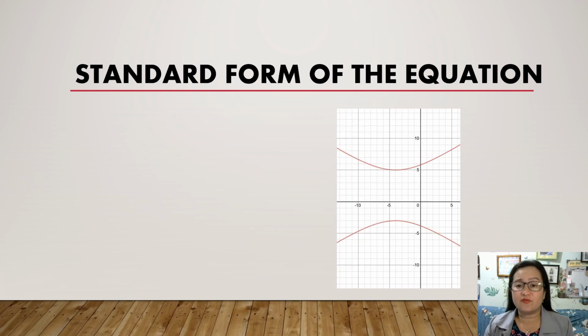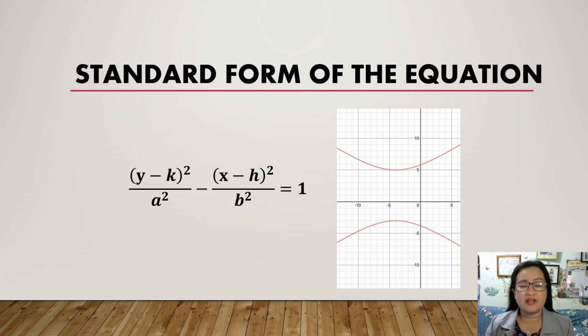While the standard form of the equation of a hyperbola with a vertical transverse axis is given by the square of y minus k all over a squared minus the square of x minus h all over b squared equals 1.